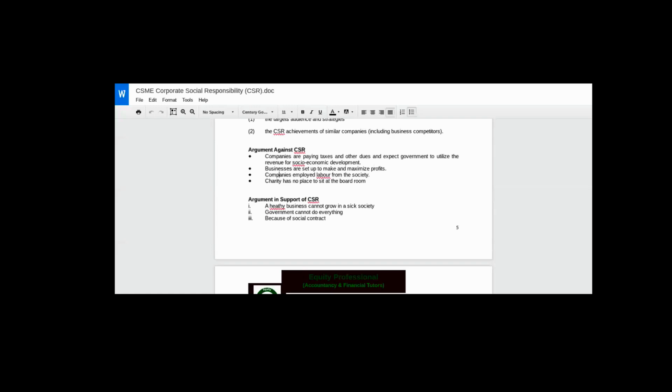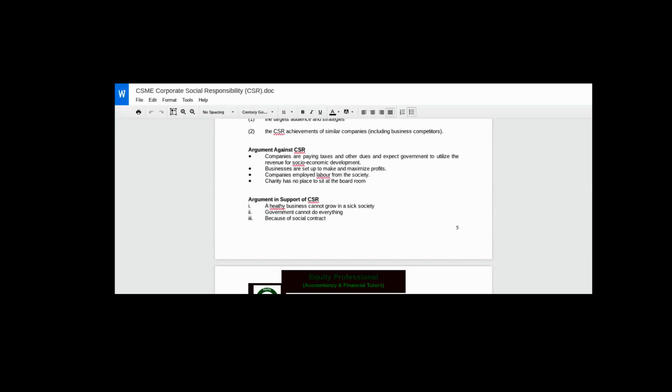companies employ labor from the society. This is an argument, justification, when they are saying that companies are drawing energy from society. They don't want to be responsible. They don't want to respect the social contract. They say no, that is a wrong perception. That companies, our own company, we employ labor from the society. We train them.